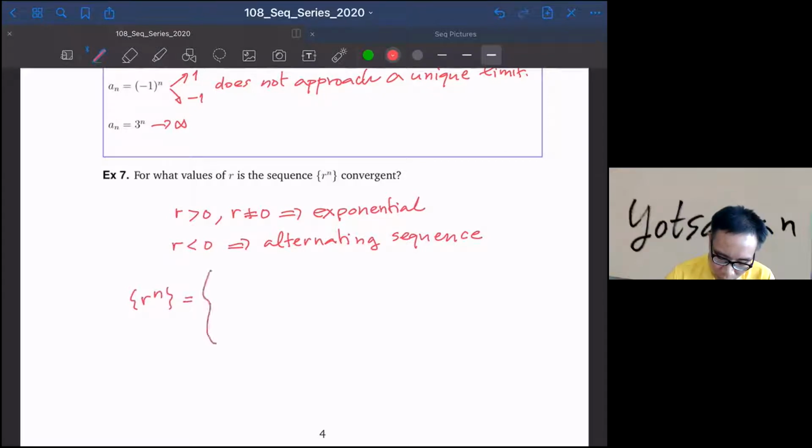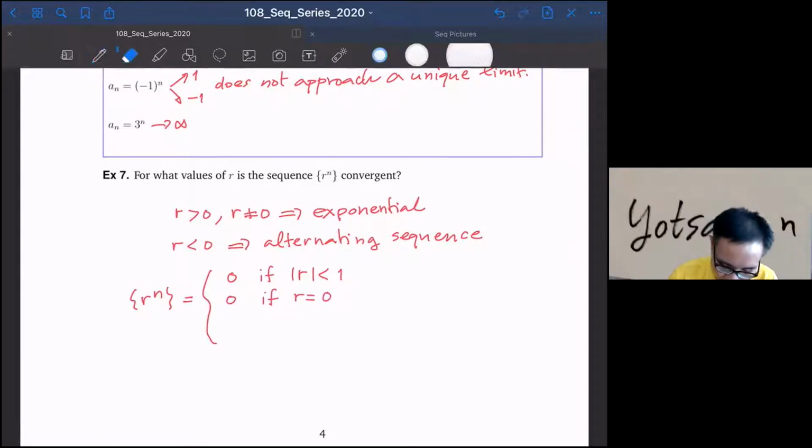It's going to turn out to converge to 0 if the absolute value of r is smaller than 1. Okay, it's going to turn out to be 0 if r equals 0. Sorry, it's going to be equal to 1 if r equals 1.